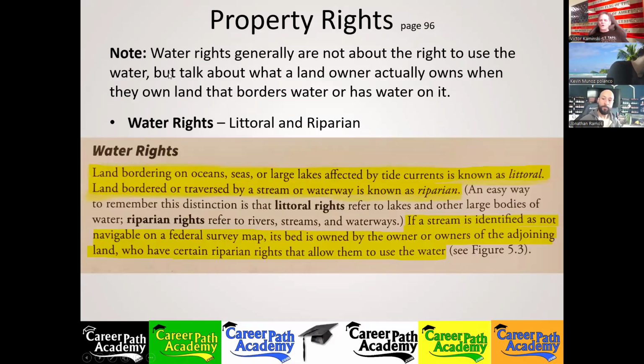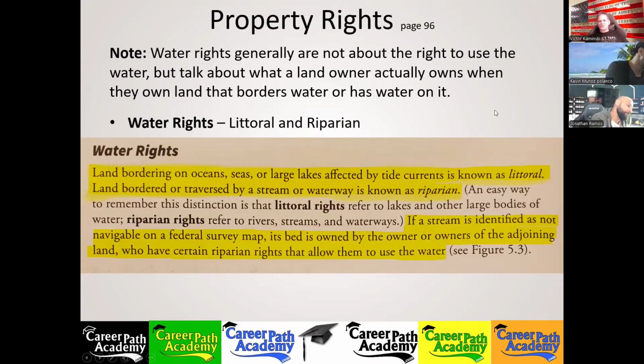Now, when we talk about water rights, there are types of water rights that talk about your right to use water, but that's not what we're talking about here. When we're talking about water rights here, we're talking about what you own as far as the land goes, if it has water on it or next to it.